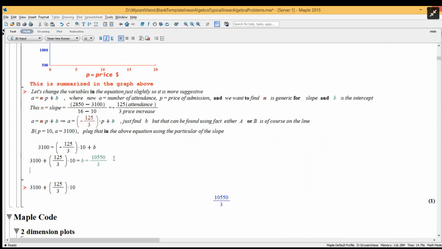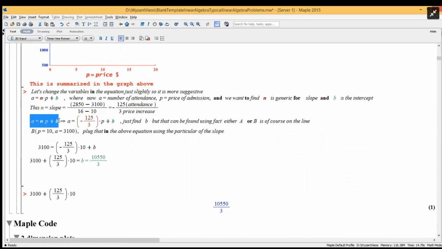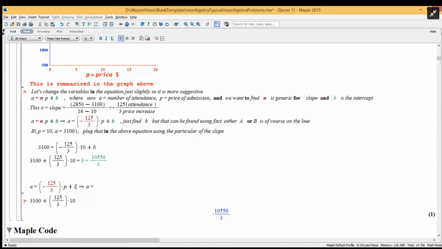So our final equation of the line is complete. So A, n is equal to minus 125 over 3 times p, and b is equal to 10550 over 3.